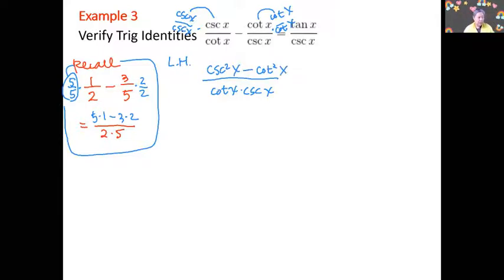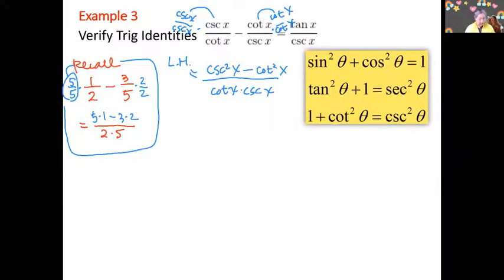Now notice something that we can use from the numerator. Again, we will utilize some of this: group 1, group 2, group 3. Notice the group 3 Pythagorean trig identity includes cotangent and cosecant.